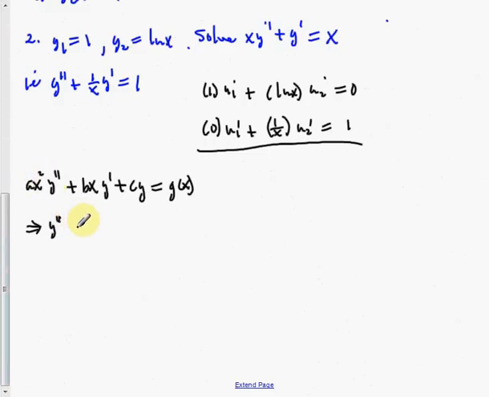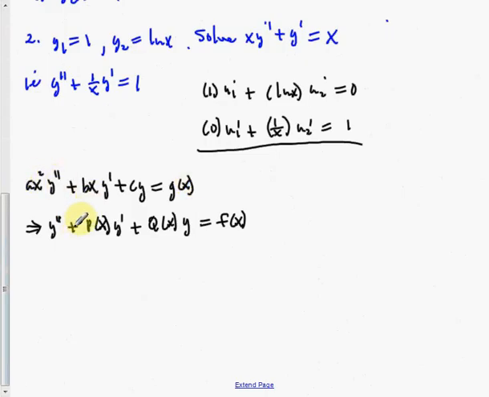So you get y double prime plus p of x times y prime plus q of x times y is equal to what? F of x. So how do you get f of x? It's g of x divided by ax squared.